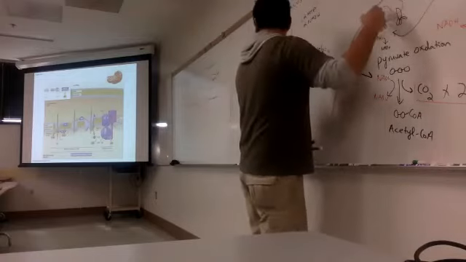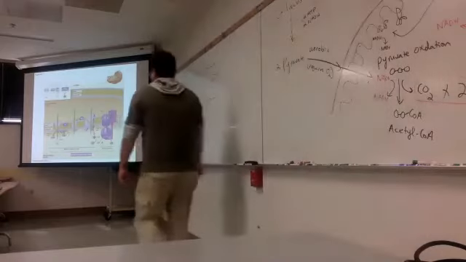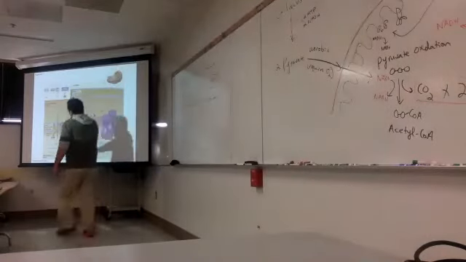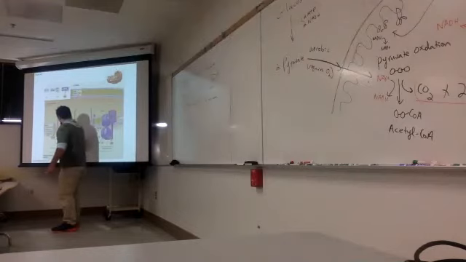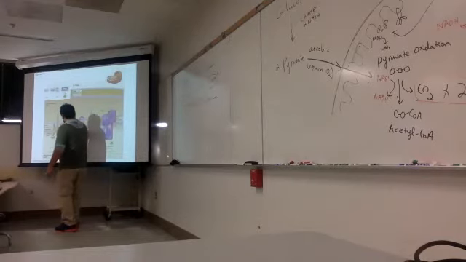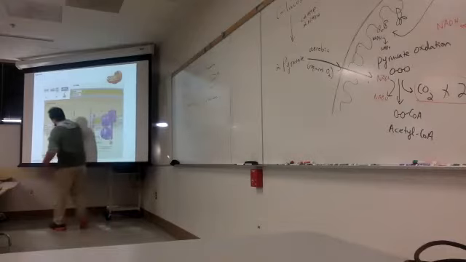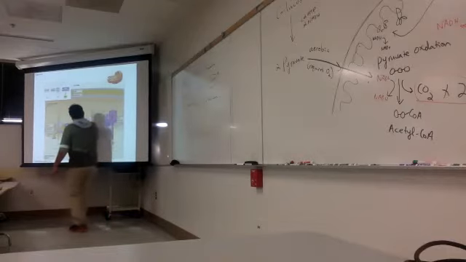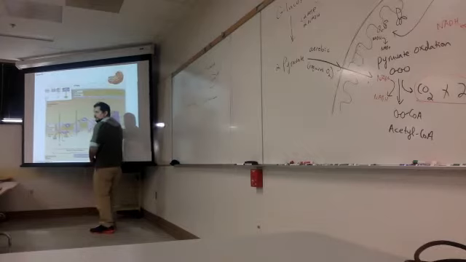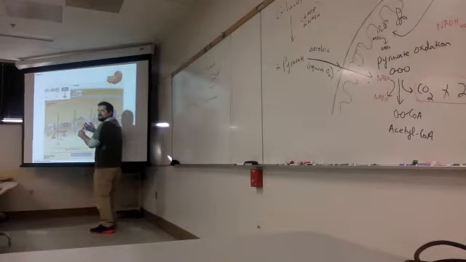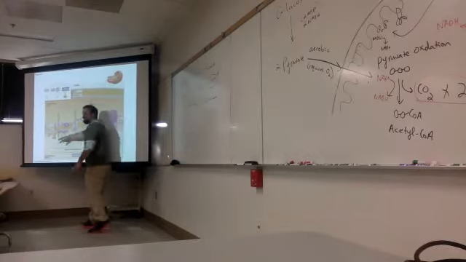I don't know if it shows. It kind of shows you here that the electrons from NADH and FADH2 are donated to these complexes and moved across. So the electrons are being moved across this whole electron transport chain. They're transporting the electrons.